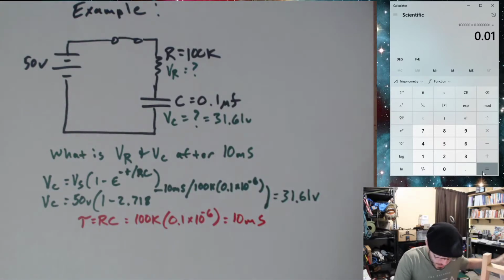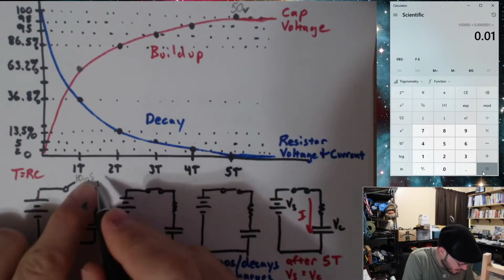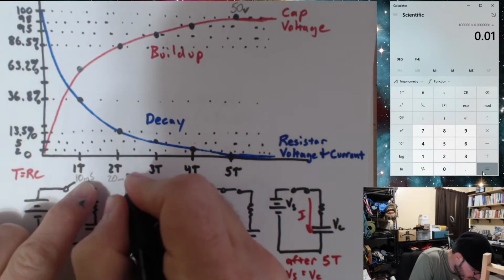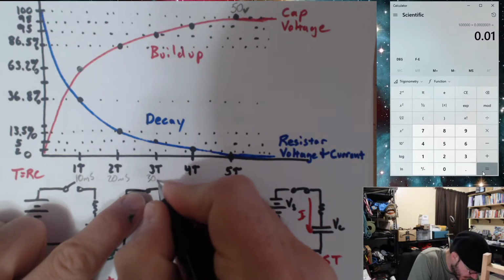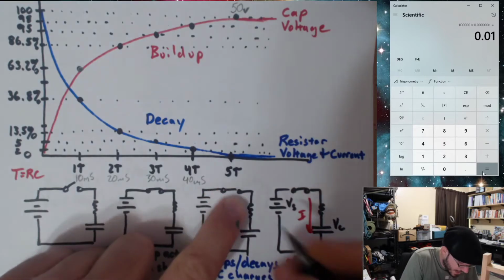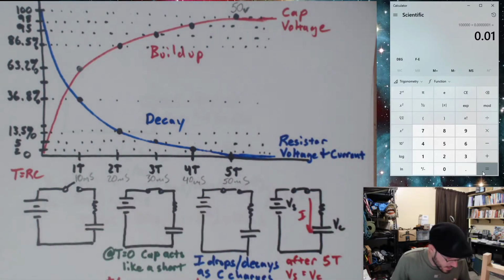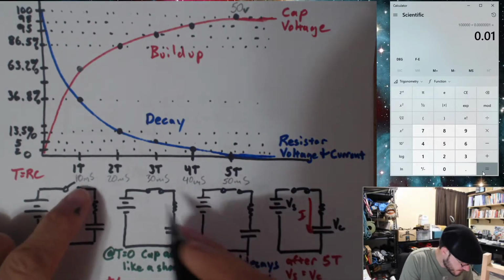So as far as what this example looks like, this is 10 milliseconds, this is 20 milliseconds, this is 30 milliseconds, this is 40 milliseconds, and then at the max value we should be at 50 milliseconds.